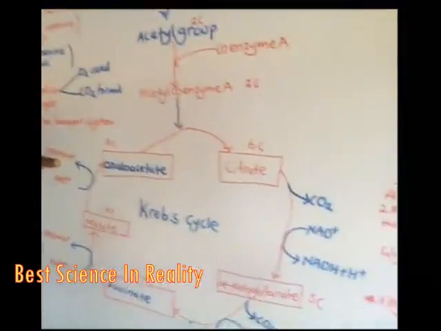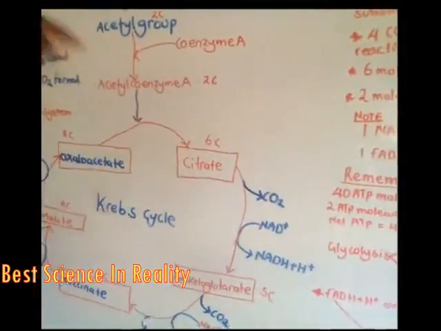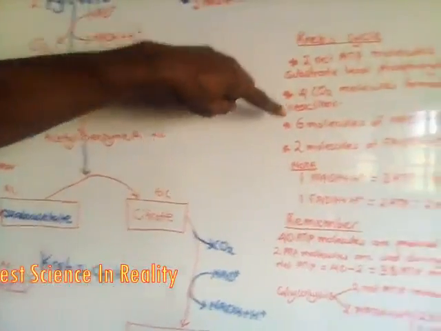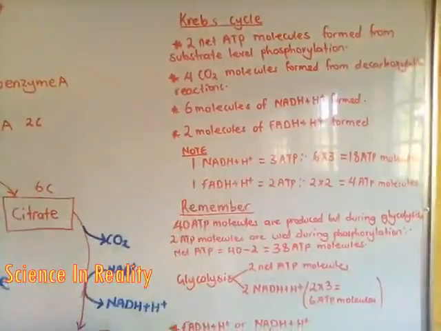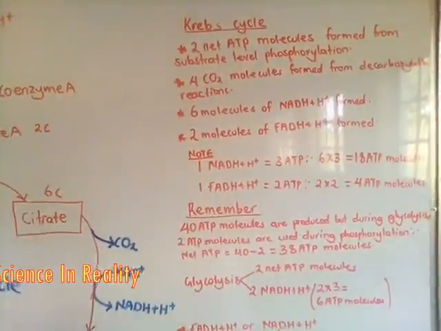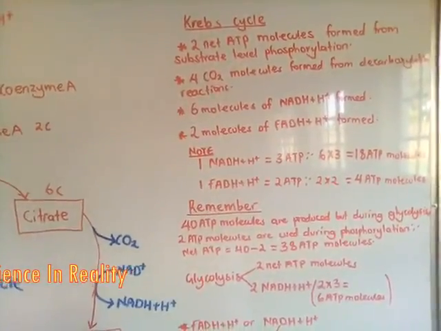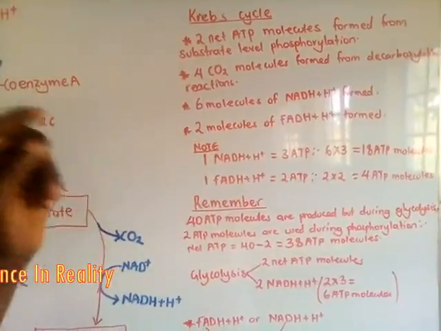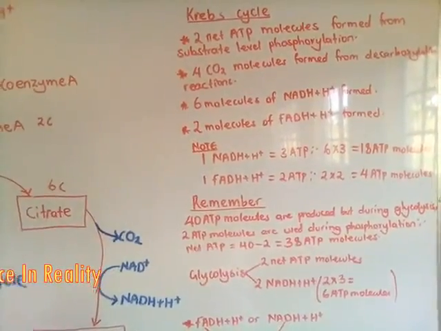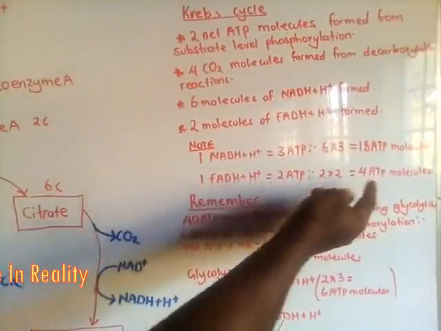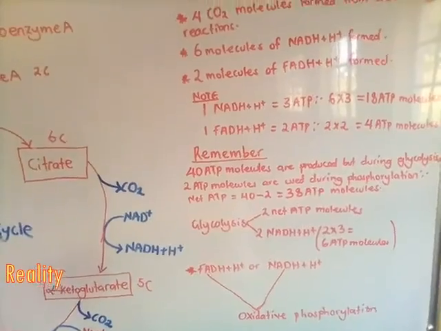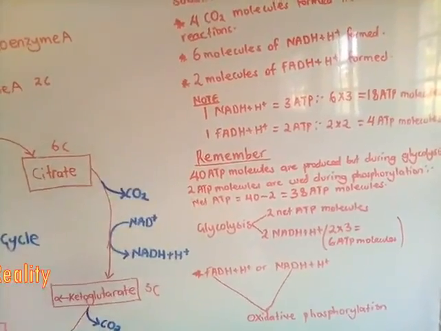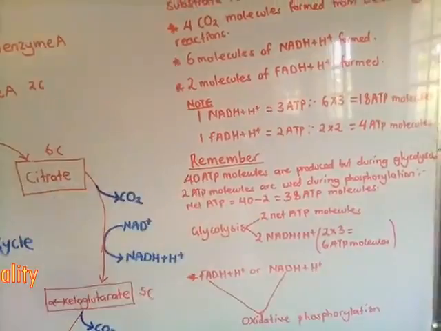Since the molecules of acetyl are 2, we shall form 6 molecules of NAD. And 1 NAD we said produces 3 ATP, so 6 times 3 we are forming 18 molecules of ATP, and we shall form 2 molecules of reduced FAD, and we are going to form 4 ATP out of them during oxidative phosphorylation. And in our bodies we are forming a total of 40 ATP.